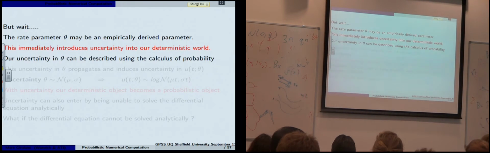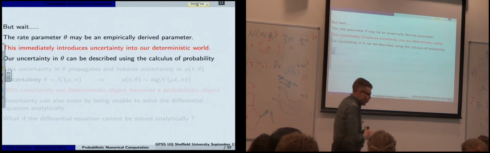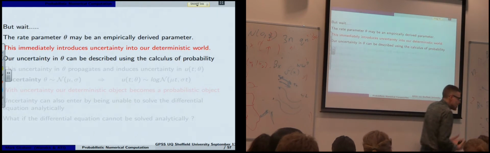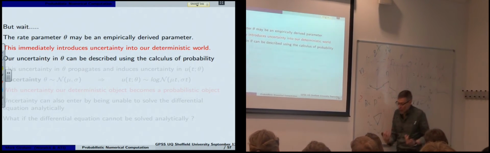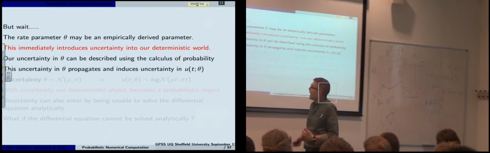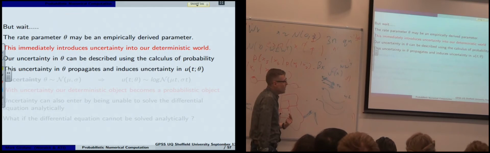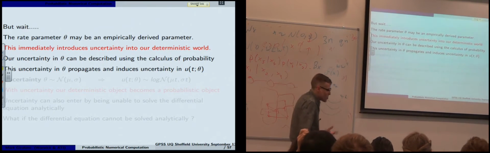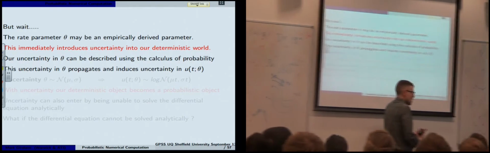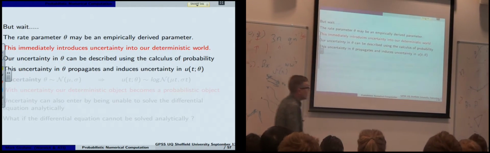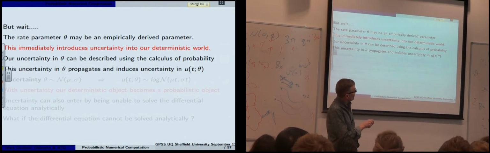Okay? So our uncertainty in theta, we can use standard schoolboy statistics to describe that uncertainty. And that uncertainty in theta is not just going to sit there on its own. It's actually going to propagate and introduce uncertainty into what originally was our little deterministic object u.